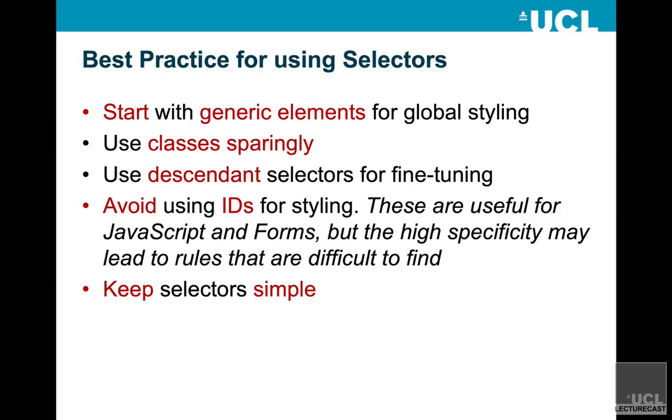But you have to remember that you have to use classes sparingly, simply because adding classes into your HTML makes your HTML look clunky and untidy. So if the number of classes is becoming rather big and not entirely easy to manage, then you should move on to using descendants, and in particular contextual selectors.